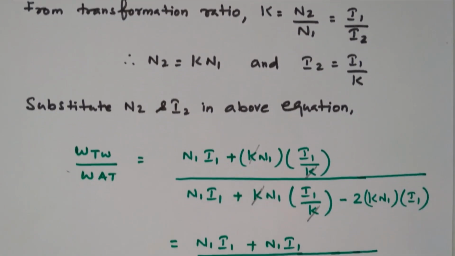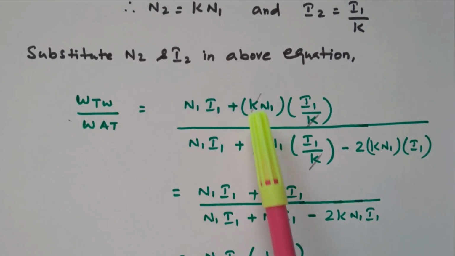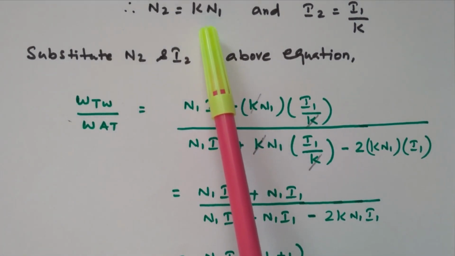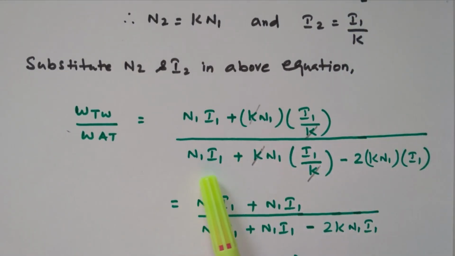So, WTW divided by WAT equals N1 I1 plus N2, which is K into I1, times I2, which is I1 by K, divided by N1 I1 plus K N1 into I1 by K, minus K N1 into I1.